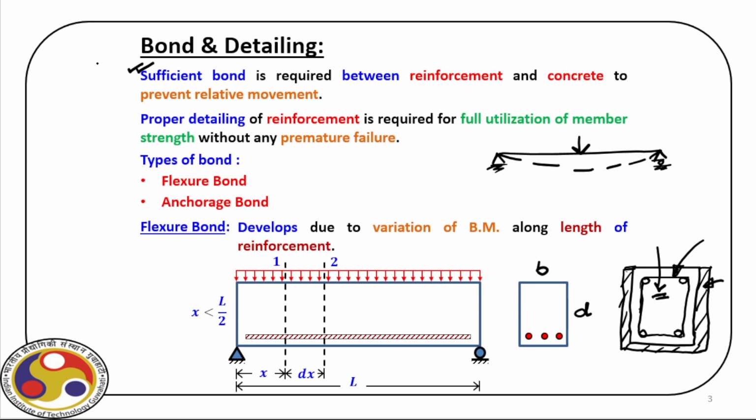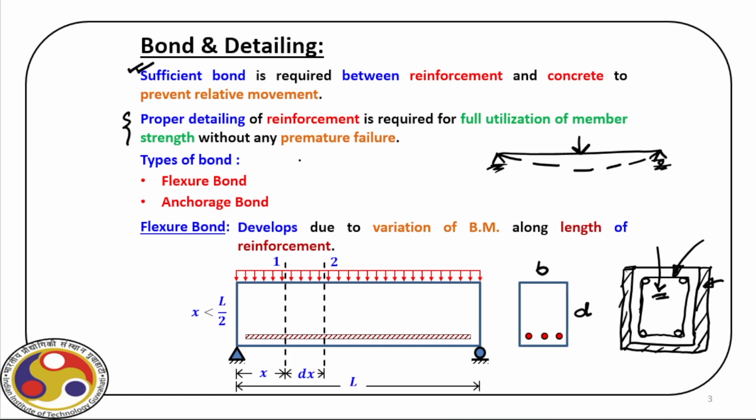Now for this purpose, proper detailing is required for full utilization of member strength without any premature failure. As we progress in this course, you will see how we can go for a proper detailing.